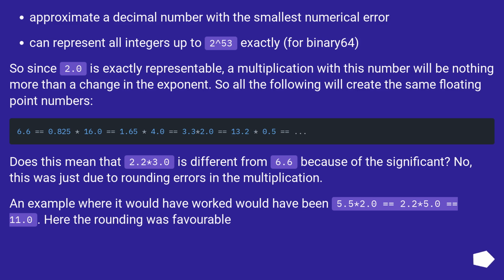So since 2.0 is exactly representable, a multiplication with this number will be nothing more than a change in the exponent. So all the following will create the same floating point numbers.